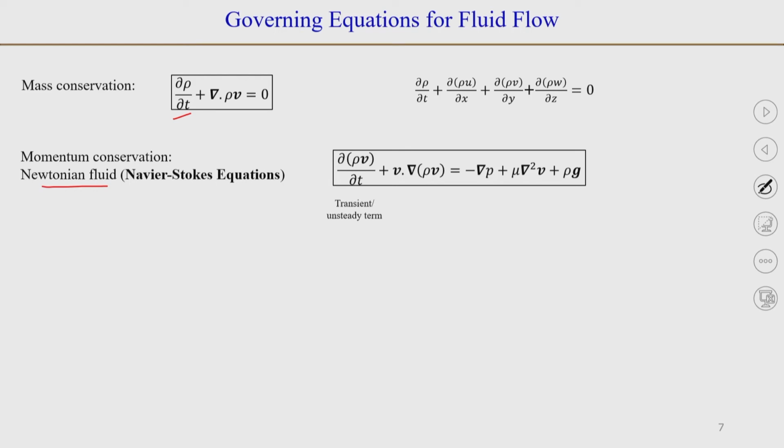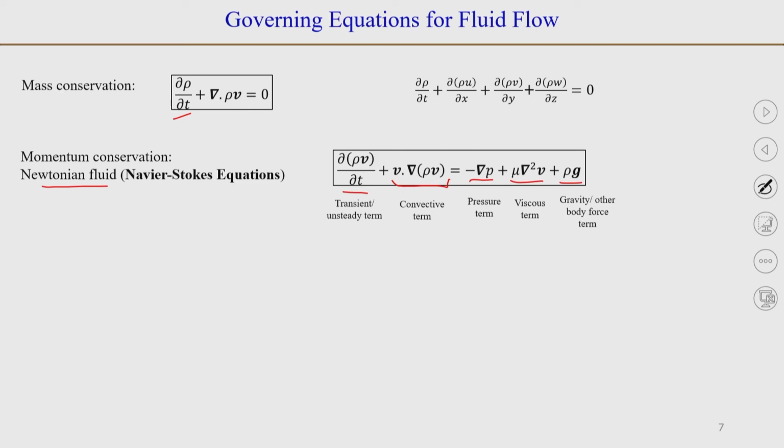The first term is the transient or unsteady term, which is the time dependent term ∂/∂t of ρv. The second term represents the convection of the fluid, or the convection of the momentum because of the bulk flow. The first term on the right hand side is the pressure term, the next term is the viscous term, and the last term is due to gravity or other body forces.